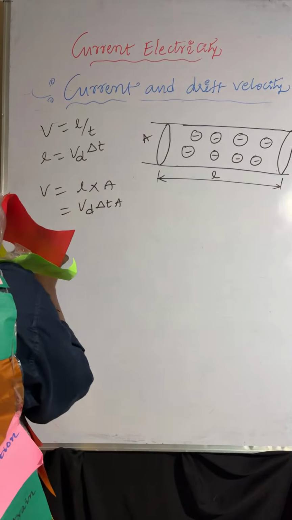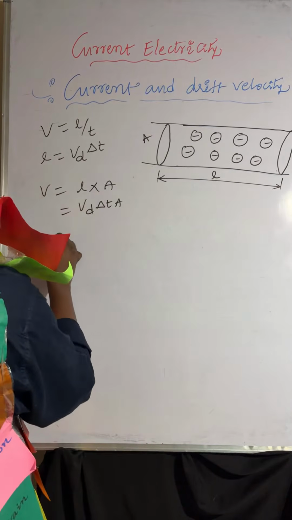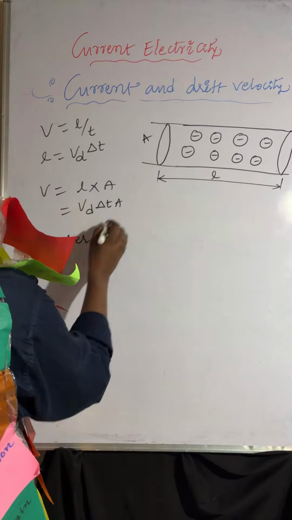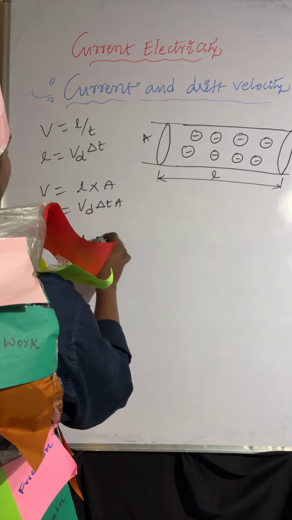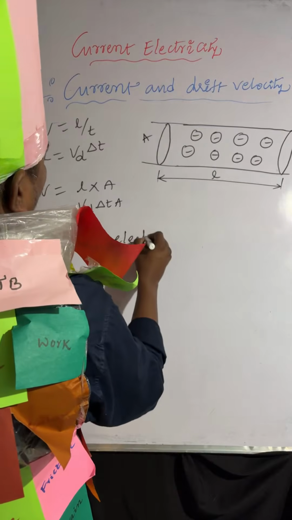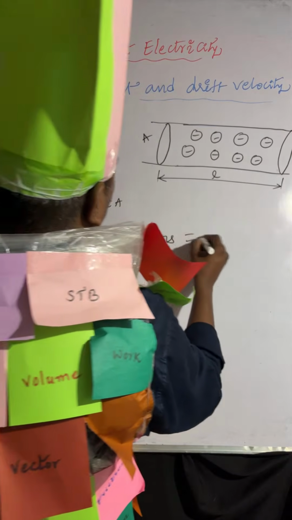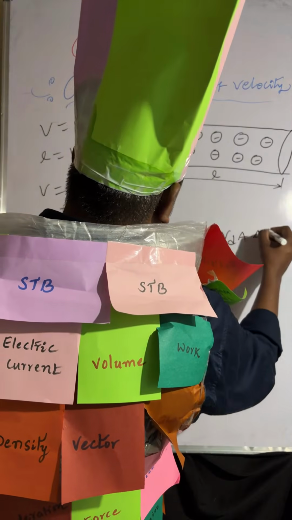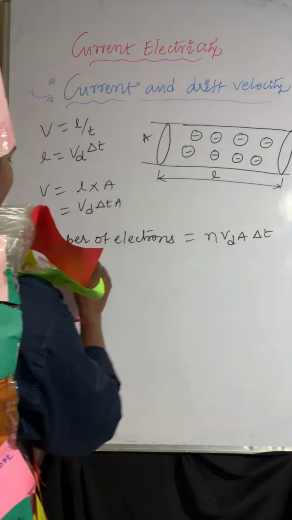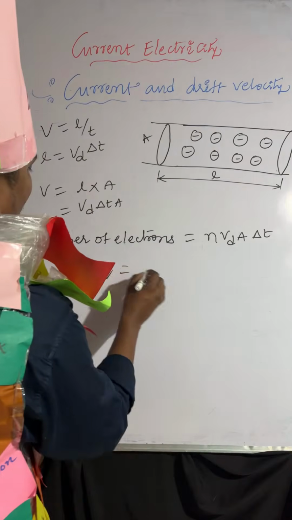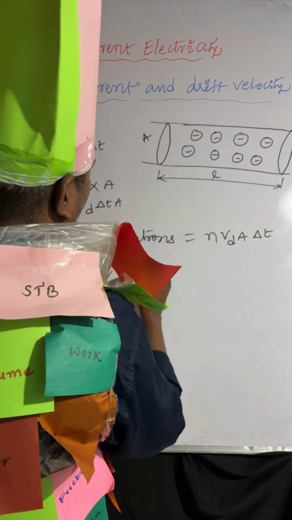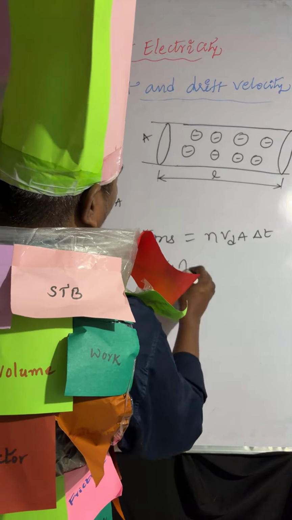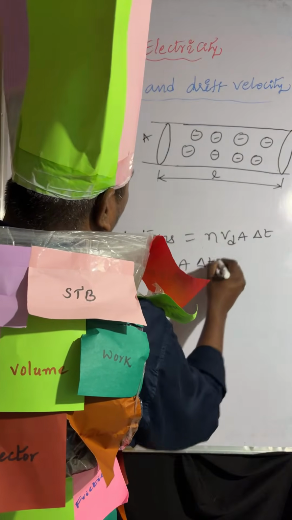So coming to electron density, the number of electrons present in the particular volume, if you are taking N, so N into V_d A delta T. So charge equal to number of electrons N V_d A delta T into e.